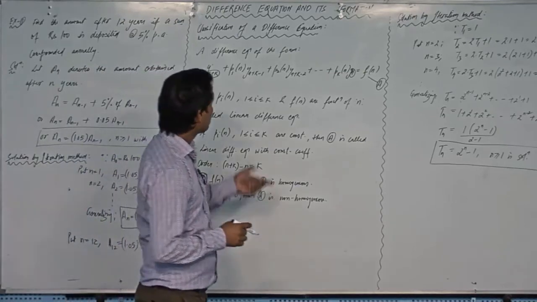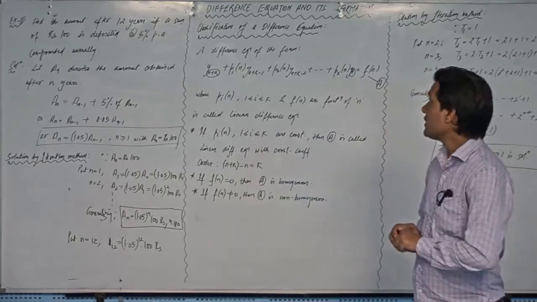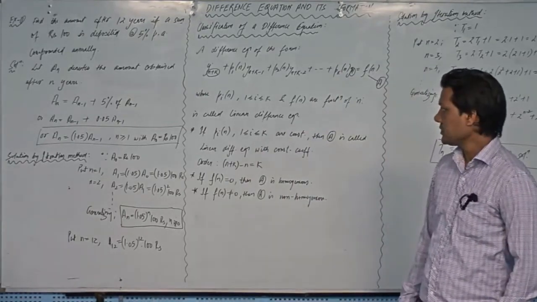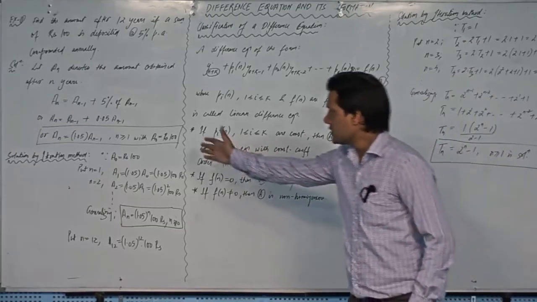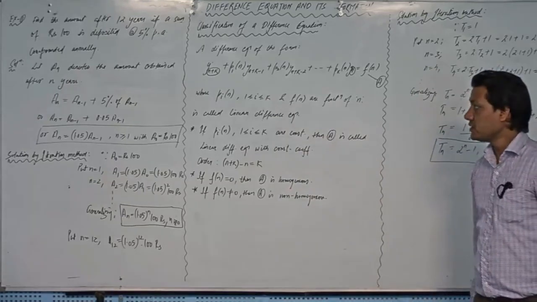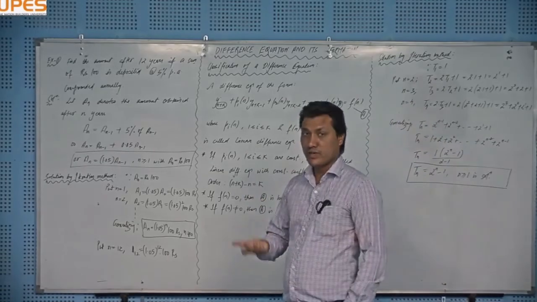So this is a kind of classification for a difference equation, and we have seen in this video how difference equations are formulated and why they are formulated. As we have seen, the solution can be found by the iteration method. You can always use this method, but it is very long, and it is not always possible to find the nth term.